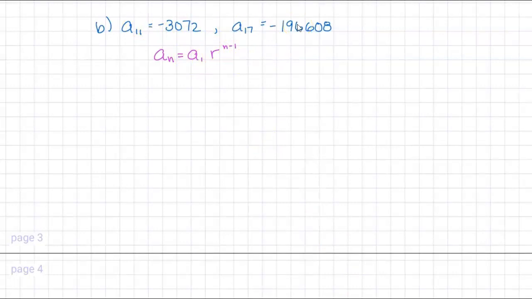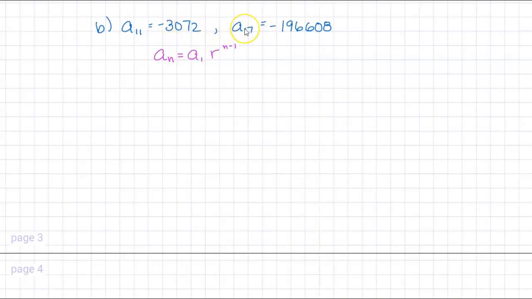Just like in the video I did with arithmetic, there's a conceptual way to think about this. The conceptual way and the algebraic way, you still do the exact same arithmetic. It's just two different ways of thinking about it. But just like we did with arithmetic, we're going to make a system of equations.